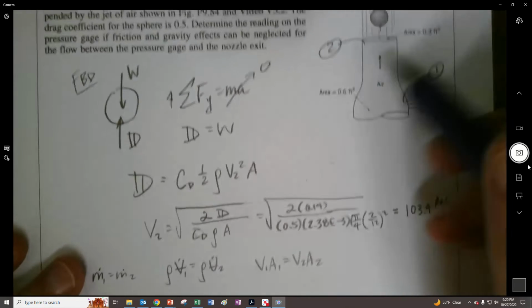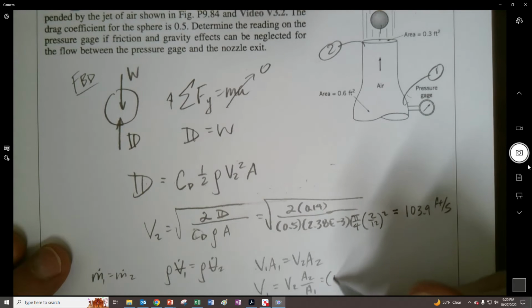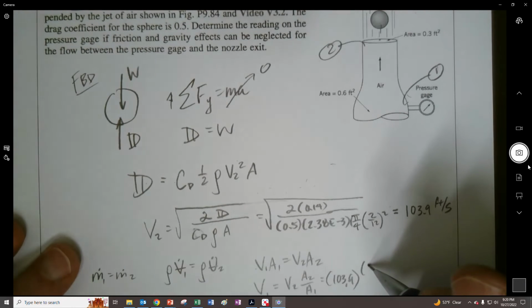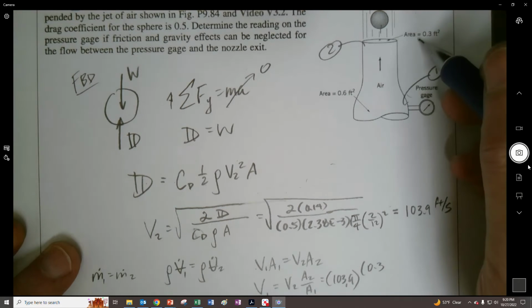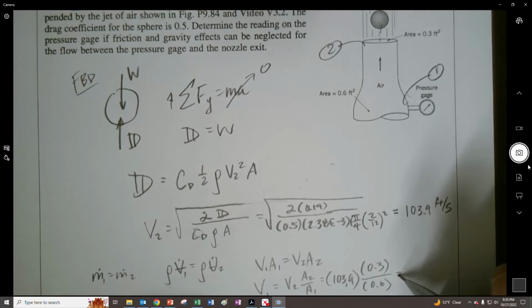They were nice enough to give us the areas, so we can find the velocity at 1 by taking V2 and multiplying it by A2 over A1. So we have 103.9, and the area at 2 is 0.3, and the area 1 is 0.6.